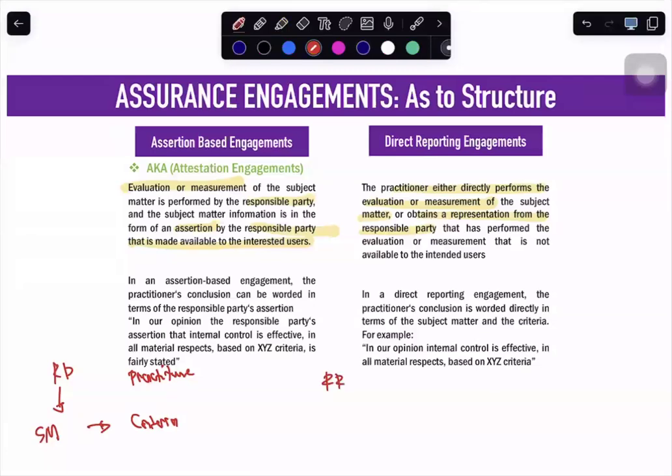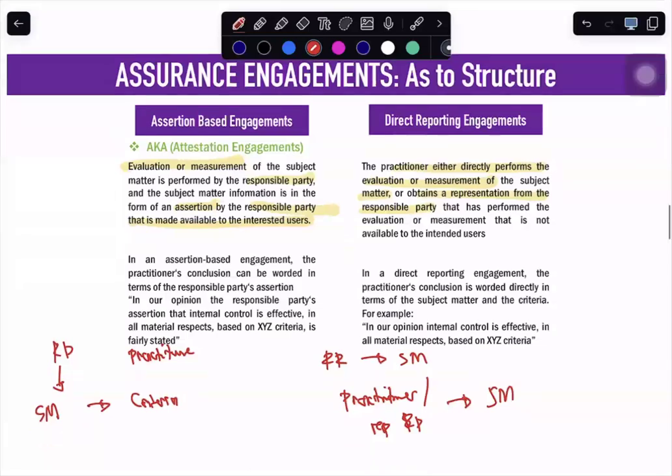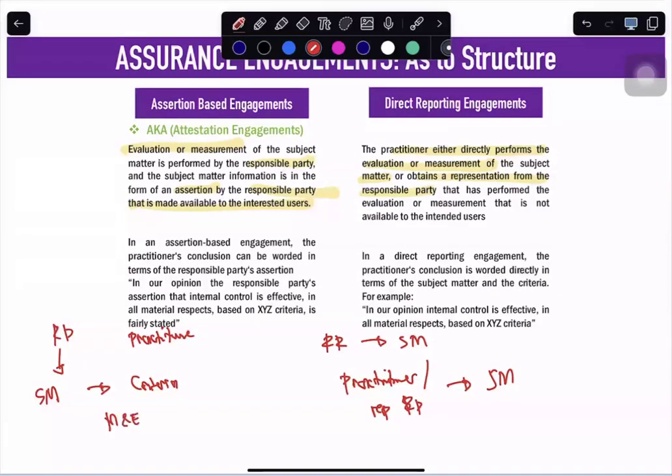So instead of the responsible party providing the subject matter, it could be the practitioner or the representative of the responsible party who provides it. So that is the difference. Ultimately, the measurement and evaluation in our assertion-based engagement is with the responsible party. Here, the measurement and evaluation can be with the practitioner. That is why it is a direct reporting engagement: ultimately, the measurement and evaluation started with the practitioner.